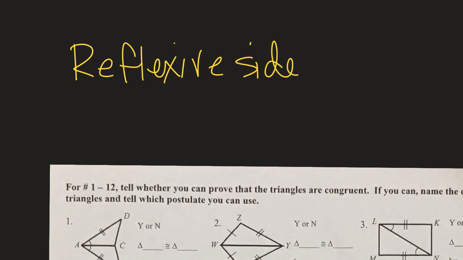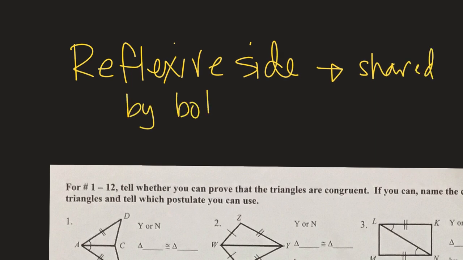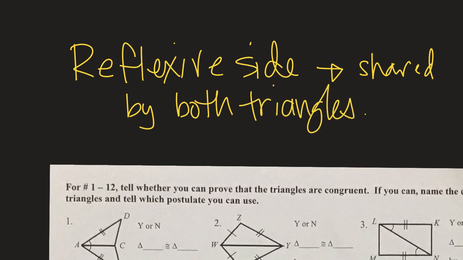So you get to mark the reflexive. The reflexive side is one that is shared by both triangles. Okay, you can mark that side as being congruent. Okay, so that one won't be marked for you. You are allowed to put a tick mark on a reflexive side or a side that is shared by both triangles.